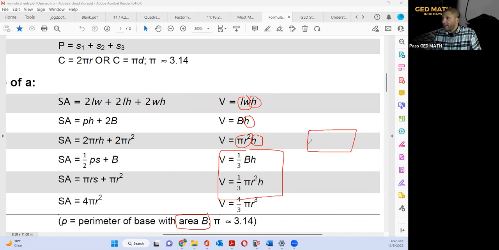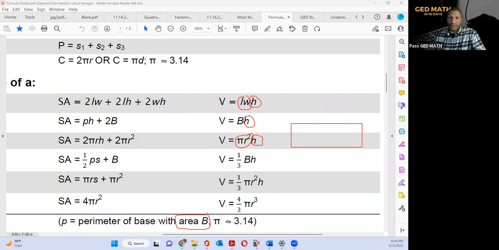So say my base was a rectangle. Hold on, let me do this right. I'm gonna show you a nice little trick for how you can easily remember. Let me get a dot real quick. I'll put it right here and draw a line.